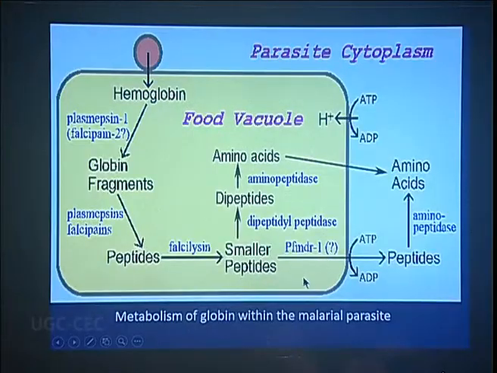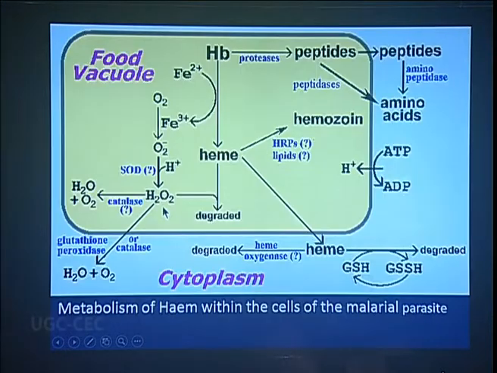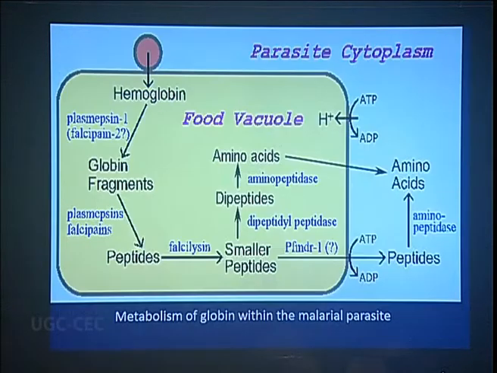As I told you, this infection is mainly in the blood. Ultimately, the malarial parasite is feeding on blood, so they are destroying the different components of globin and also the heme. The globin fragments are converted to smaller peptides, and these peptides are ultimately utilized as amino acids.